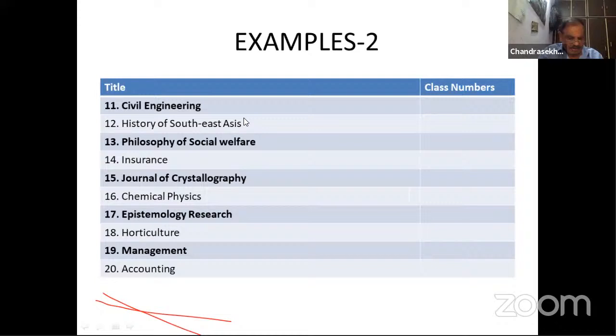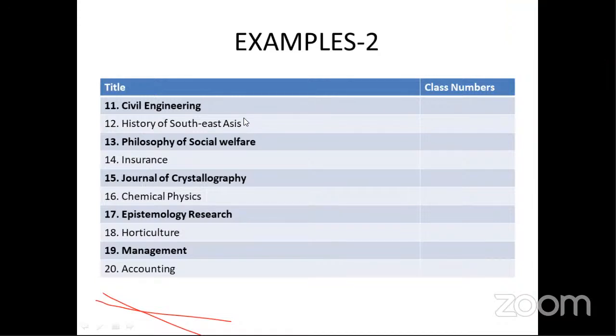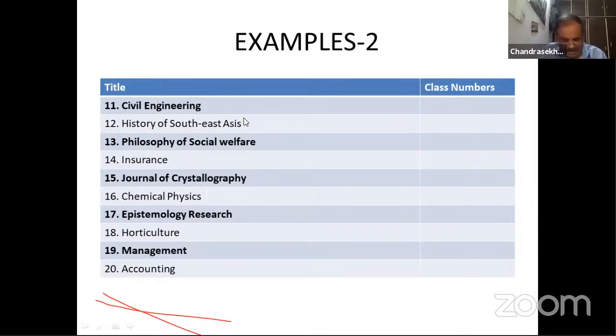Southeast Asia, so Asia is 95. 950 is Asia. So here directly they have given 959. In the third summary, you find the direct number there, Southeast Asia.